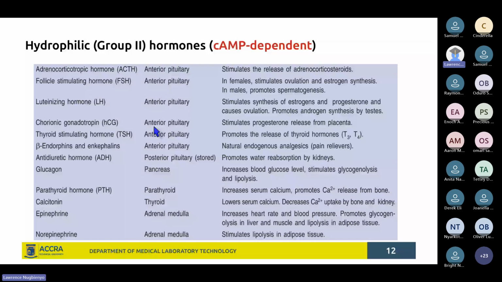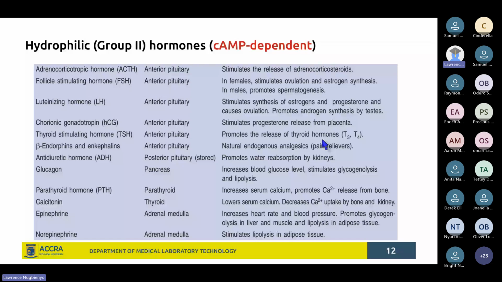We will see that actually this serves as some biological marker for pregnancy tests. You have thyroid stimulating hormone promoting the release of the thyroid hormones, triiodothyronine and tetraiodothyronine. Endorphins and enkephalins act as natural pain relievers and endogenous analgesics. In other words, they are responsible for response to pain.